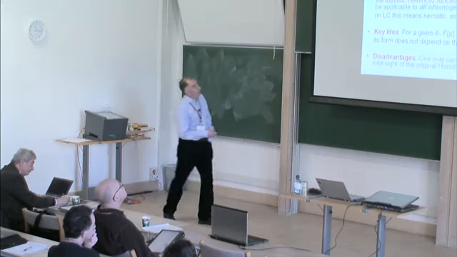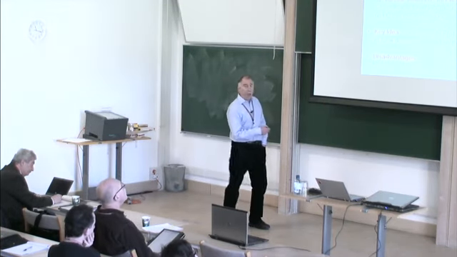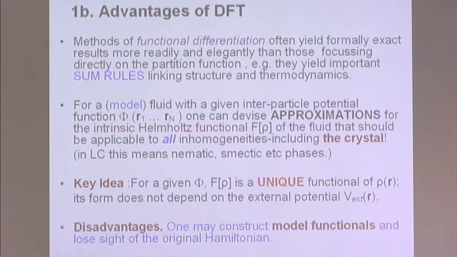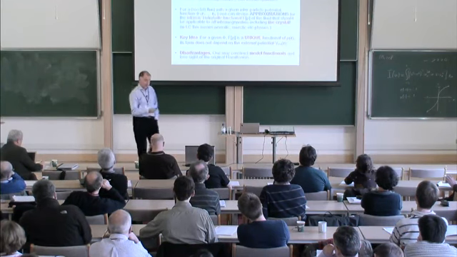The other key idea is that for a given model fluid where you have some interparticle potential, let's call it phi, it needn't be pairwise additive, you can find approximations for this intrinsic free energy functional that I'll come on to that should be applicable to all types of inhomogeneities, whether we're doing ordering in an interface, whether we're doing a liquid-gas interface, or whatever, in a gravitational field, the same functional should be true for a given model fluid.